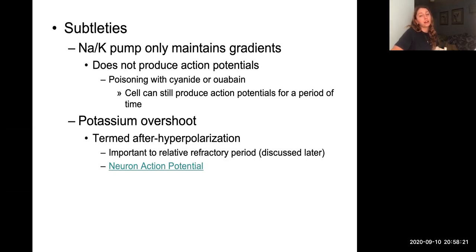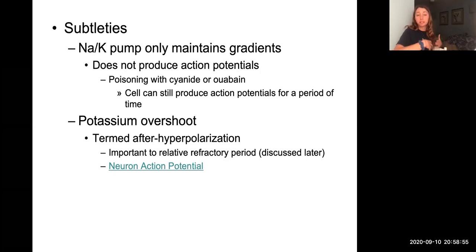And then it said potassium overshoot, termed after hyperpolarization, which just means that after it reaches -70, it goes further down below -70 to a more negative resting membrane potential. And it's important to the relative refractory period, which just means that during that time it could reach threshold again, but it needs a bigger stimulus to do so.